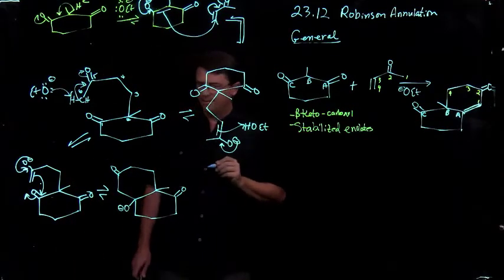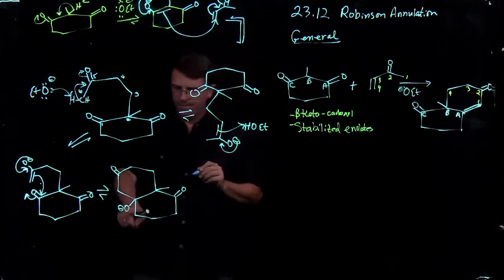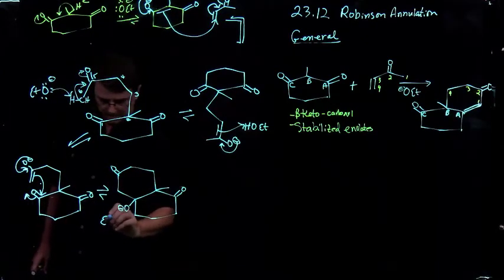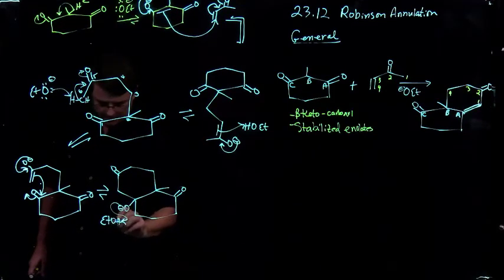So we now have made the fused 6,6 ring system. We need to protonate this, and we have our ethanol from before. We can protonate it.